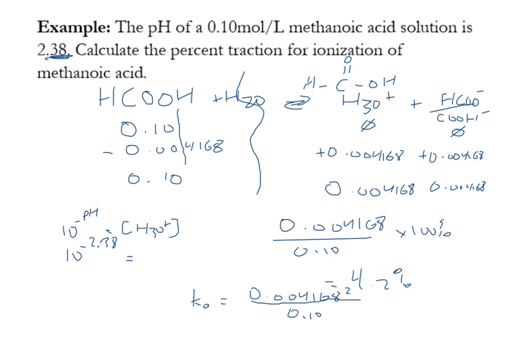If I do that, I got this value here. I got 1.7 times 10 to the minus 4.